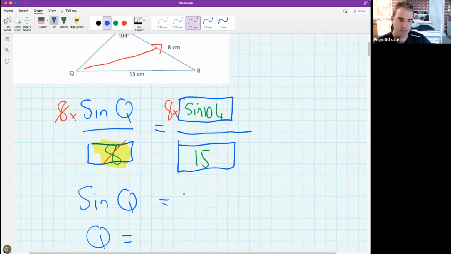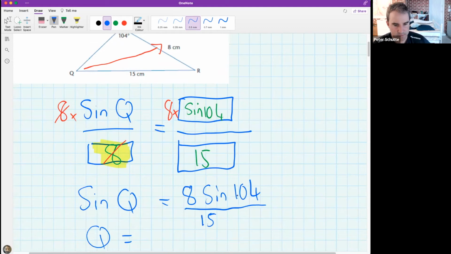So I was thinking there's going to be an 8 here, a sine 104 here, and a 15 here. But that is not the Q. For the Q value, I need to do something else. So I've got this bit over here, but in order to get what Q is, you are going to go shift sine, and it basically looks like that.